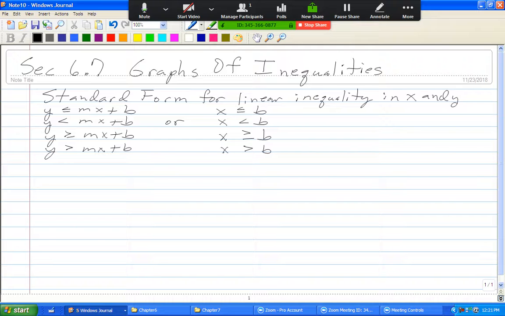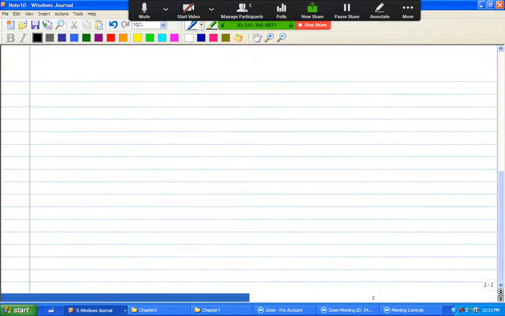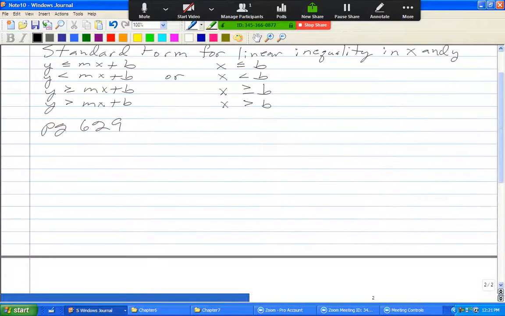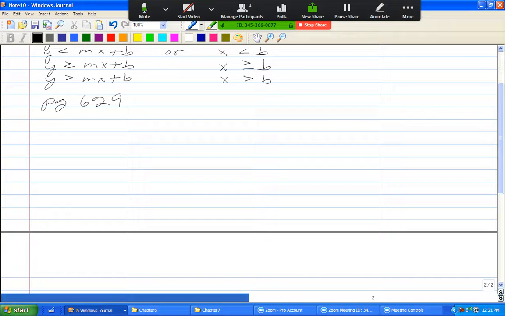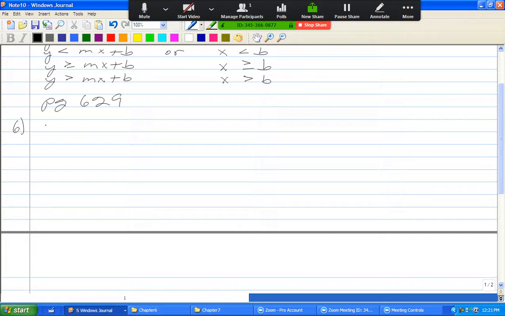Okay, so let's do some examples on page 629. Let's do problem number 6. 4x minus 3y greater than 6. Okay. So let's subtract 4x.